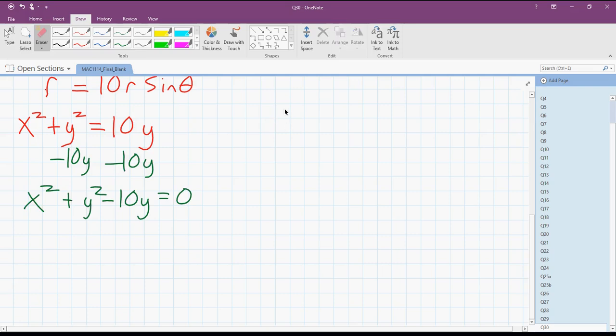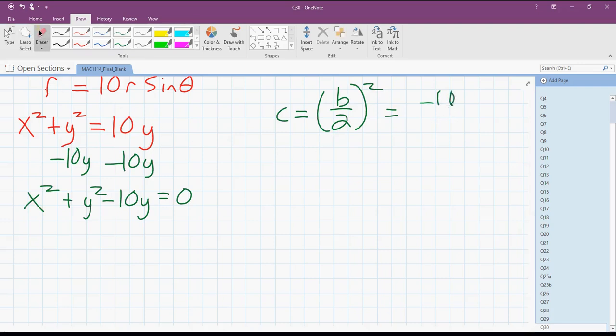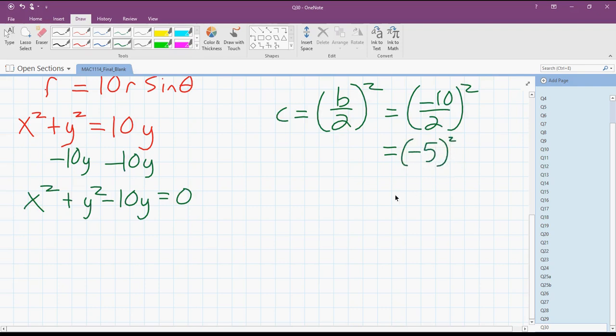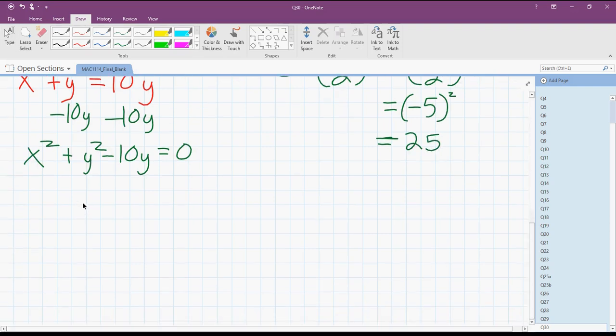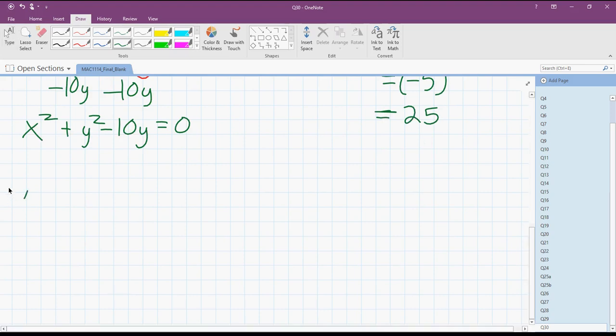How do we find that c value to complete the square? b divided by 2, square it. What is your b value? The negative 10. So what is negative 10 divided by 2? Negative 5. And what is negative 5 squared? So what's going to get added to both sides? 25.